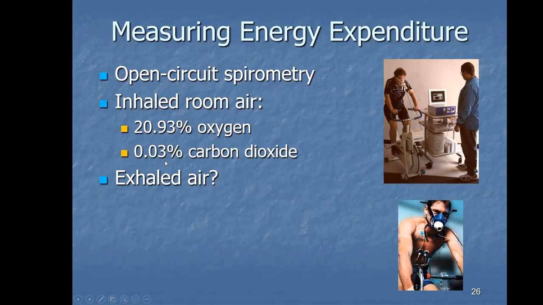If you breathe in 0.03, you will exhale more CO2 than that, because these metabolic processes produce carbon dioxide as a byproduct. The numbers exhaled are constantly changing depending on what you're doing, rest versus exercise. But to give you an idea, it would probably be around 15% exhaled oxygen and about 3 to 4% exhaled CO2.